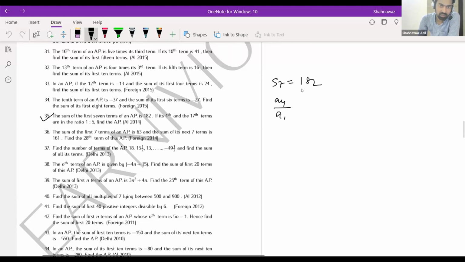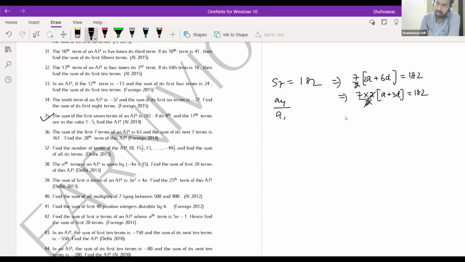S7 was given, right? And S7 means 7 by 2 into 2A plus 6D equals 182. So this we know, right? If we take 2 common, this would be A plus 3D, which is 182.